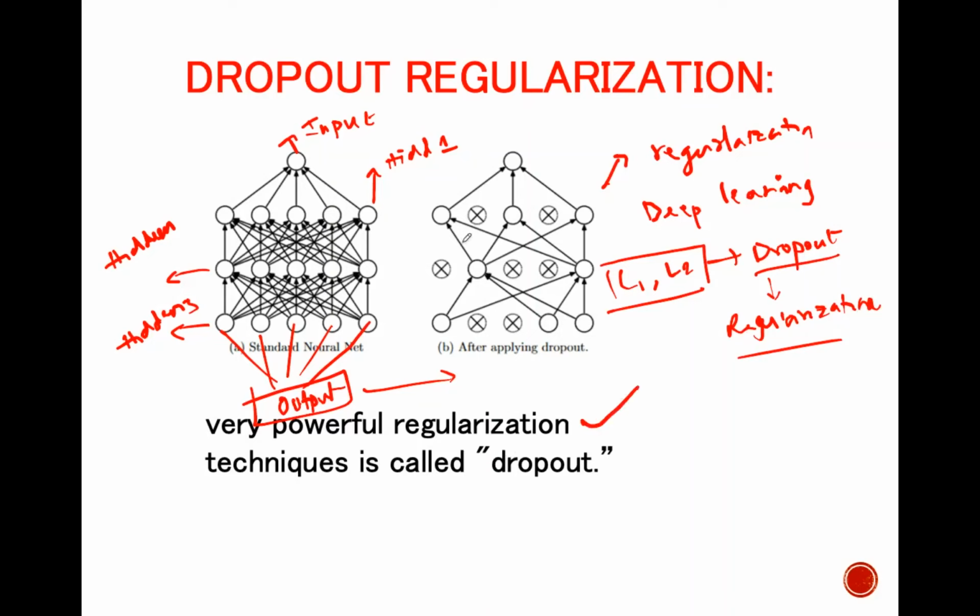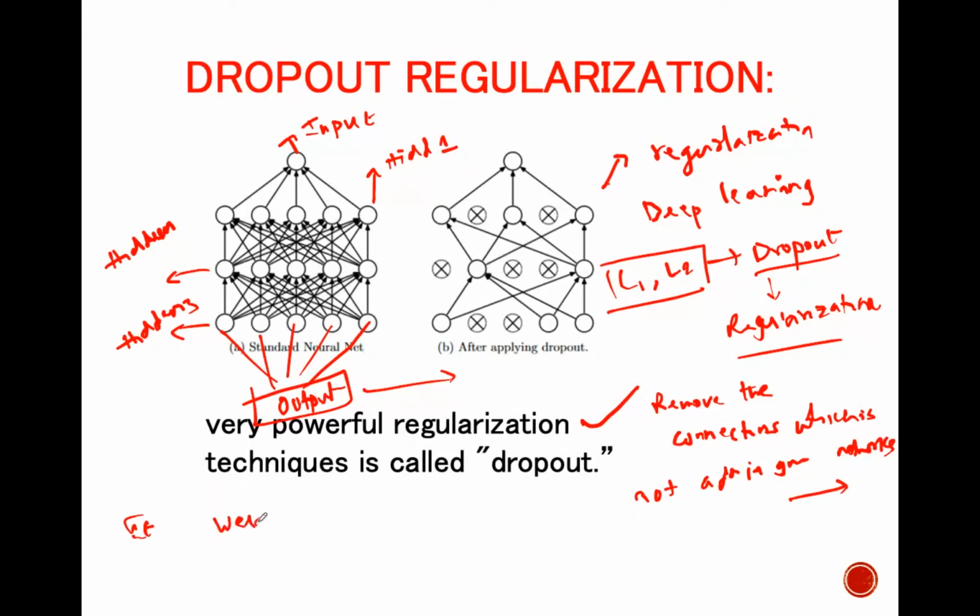So what will happen? Dropout is removing the connections which are not adding any value to the network. It means that the weights at these nodes are not being updated.